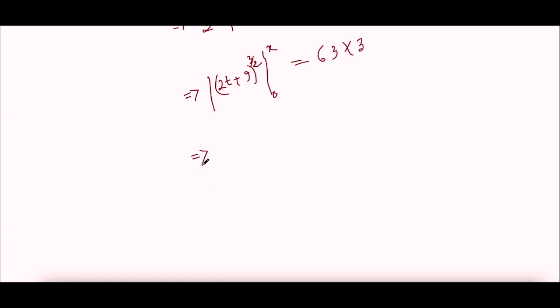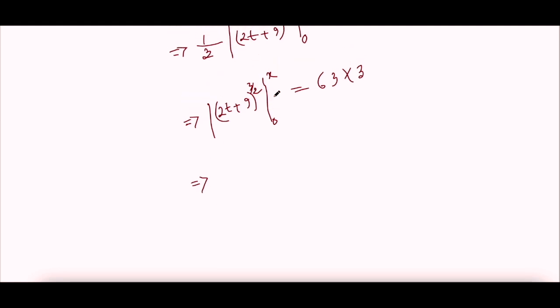Now let us put the upper limit first. So we will replace t by x, by the upper limit. So it will be (2x plus 9) whole to the power 3 by 2 minus, if you put the lower limit, it will be 0 plus 9, which is 9 to the power 3 by 2, is equal to 189.